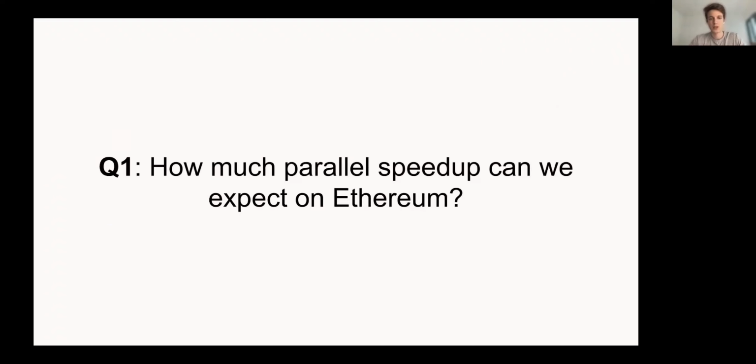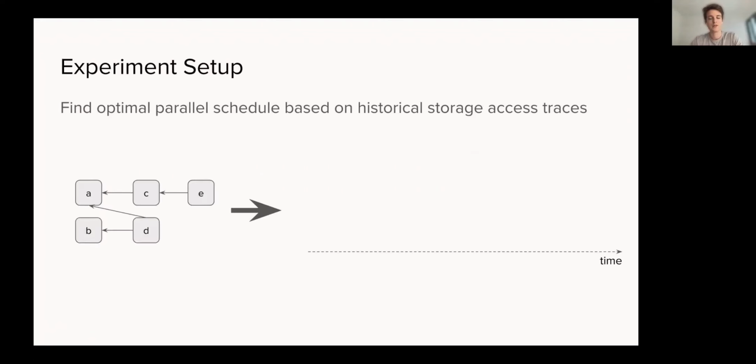So it brings us to the first question: how much parallel speedup can we expect on Ethereum? To find out, we looked at historical transaction traces. We collected storage access traces for transactions, and this gives us information about the dependencies between transactions. Normally, transactions are executed serially, and this is our baseline, the serial execution time.